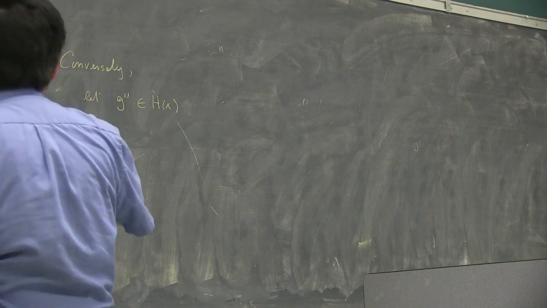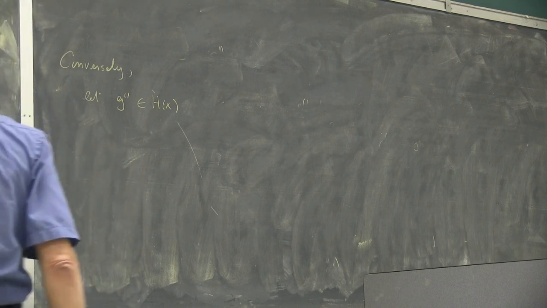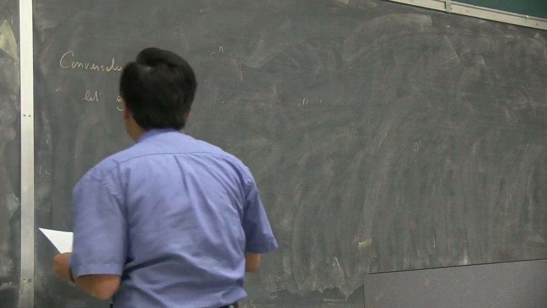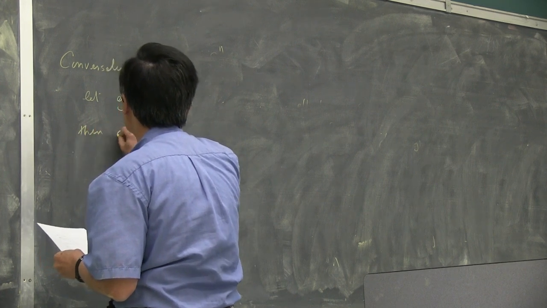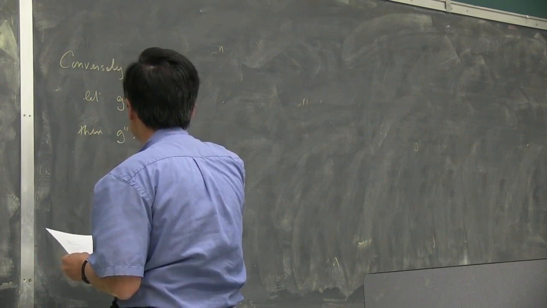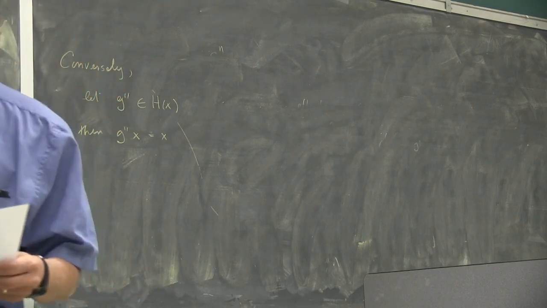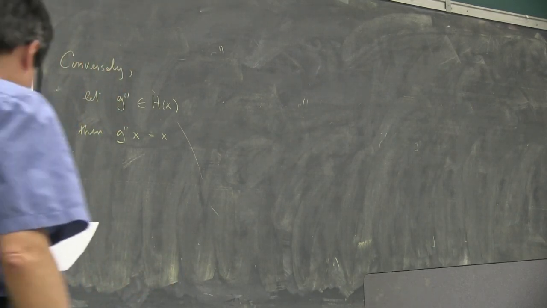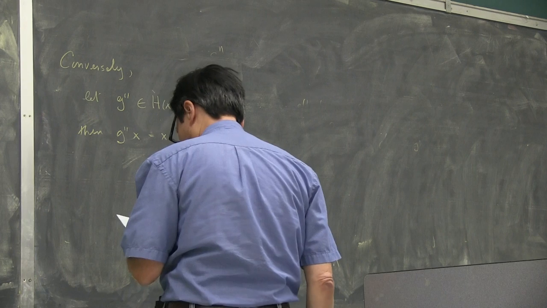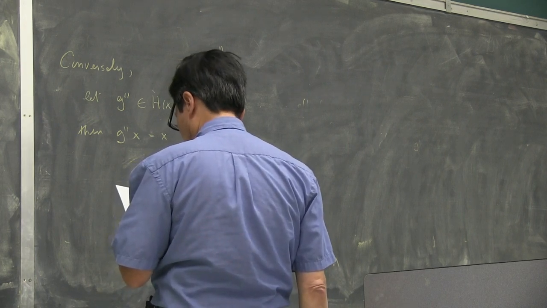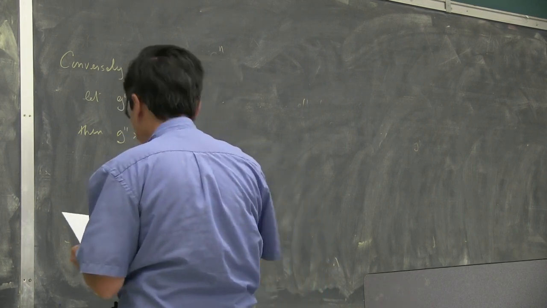All right. So let g double prime be something in here. Then, by definition, g double prime acting on x must be equal to x. Okay? And so, let me make this thing up.